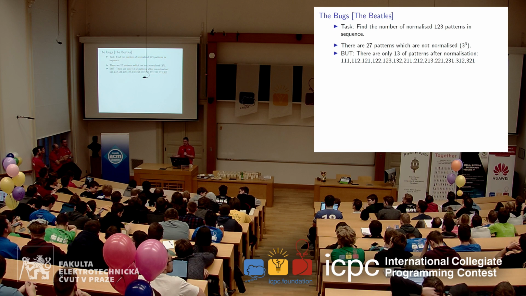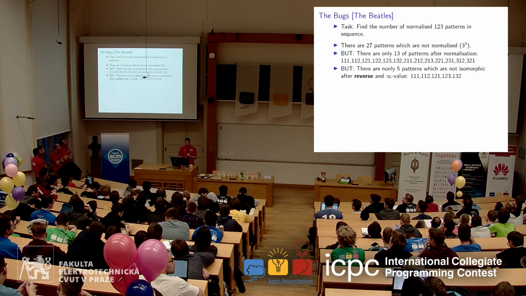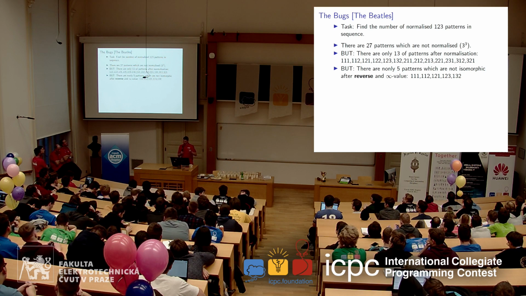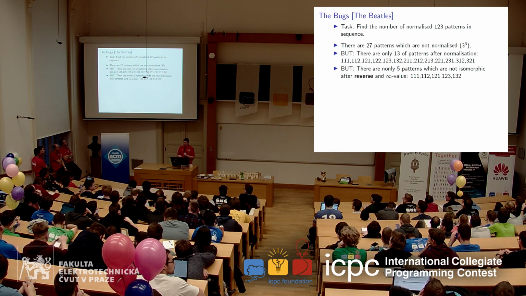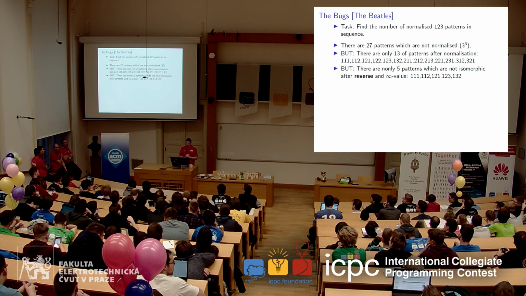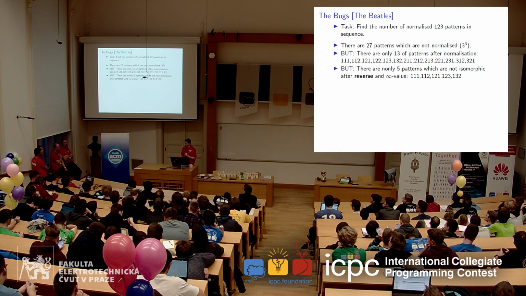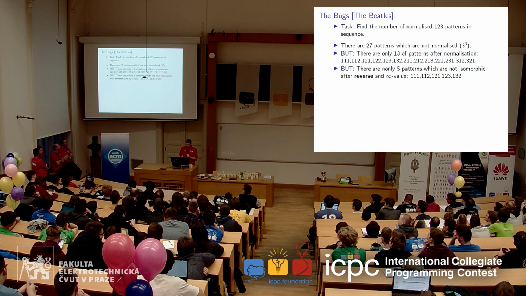And it's even better, because if we have the operations of reversing the array and reversing the values, then we have only 5 patterns which are not isomorphic, which are these 5. And basically we can easily solve, or I hope easily, these 5 things.